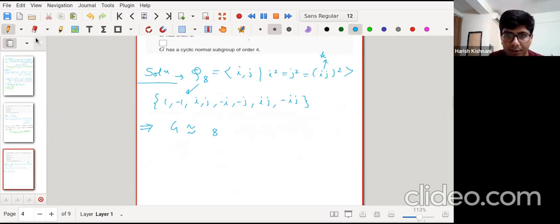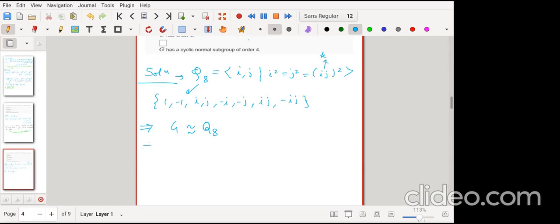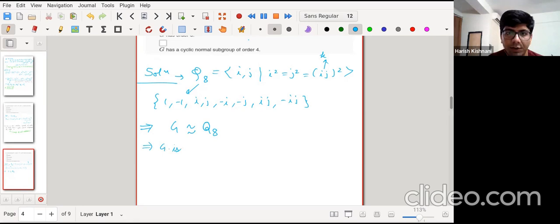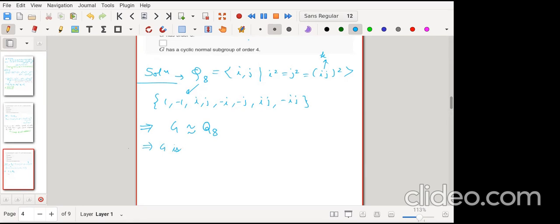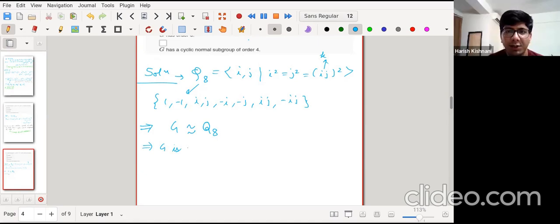And thus Q8 also has a cyclic normal subgroup of order 4, which is generated by what? Generated by i, or maybe i or j, anything you can take.